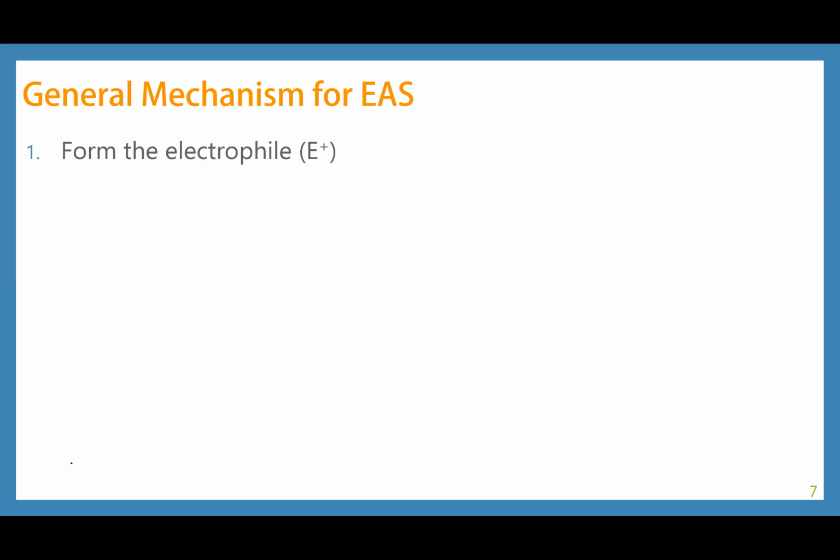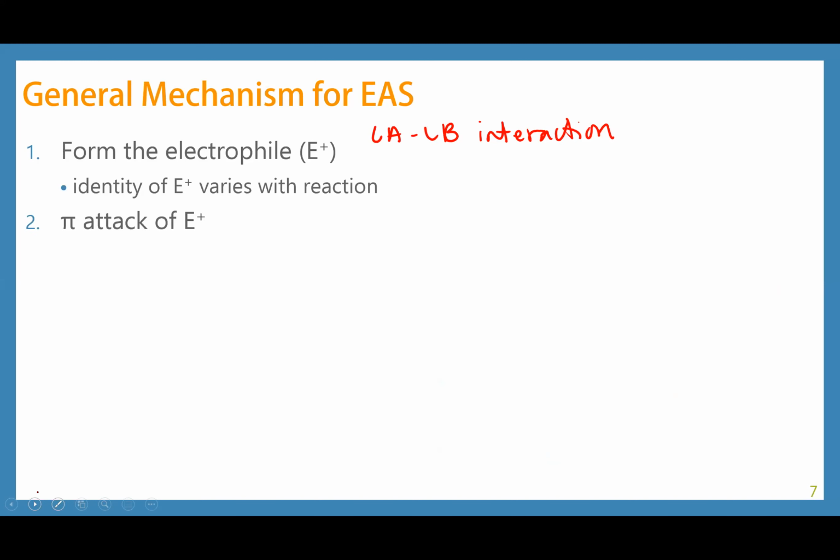You have a bunch of different reagents that you're starting off with, and you're going to end up with a bunch of different electrophiles, although they all tend to start with a Lewis acid, Lewis base interaction. And then once you've created the electrophile, they all get back on track again, and you have a pi attack of the electrophile. So the pi electrons of benzene are going to attack the electrophile.